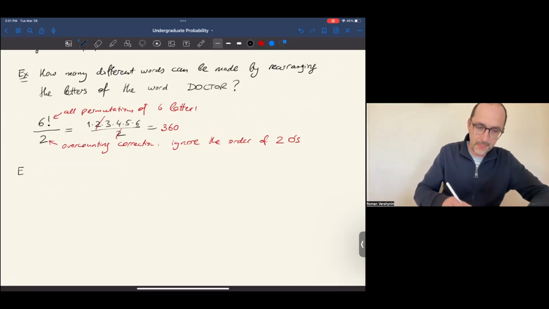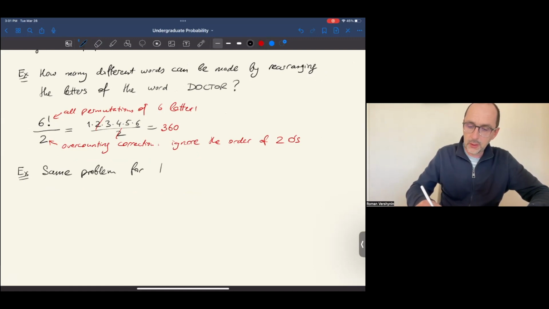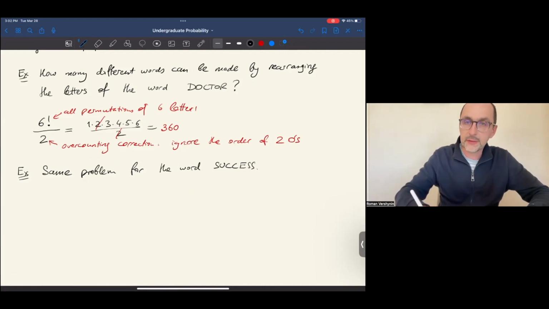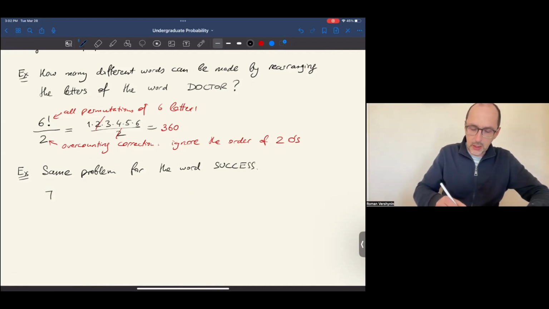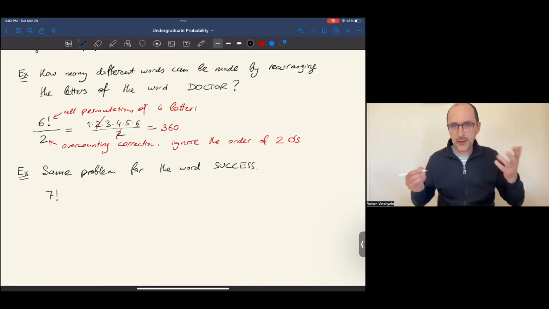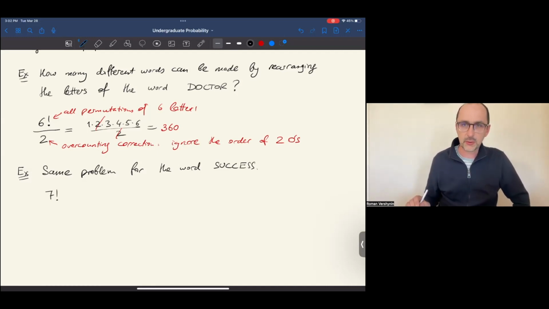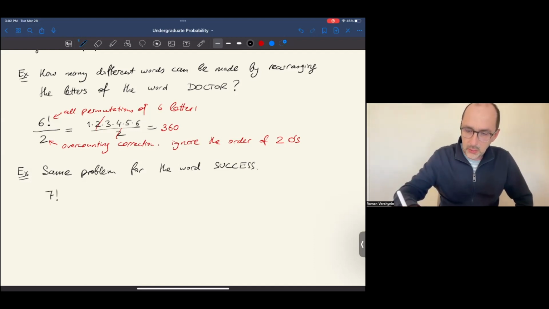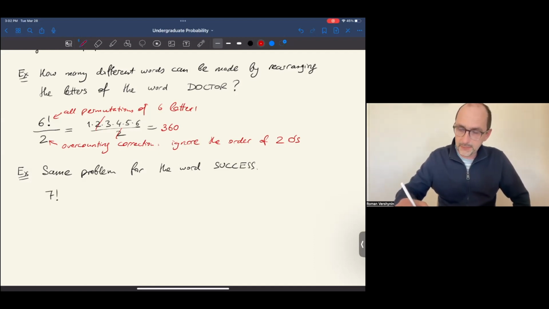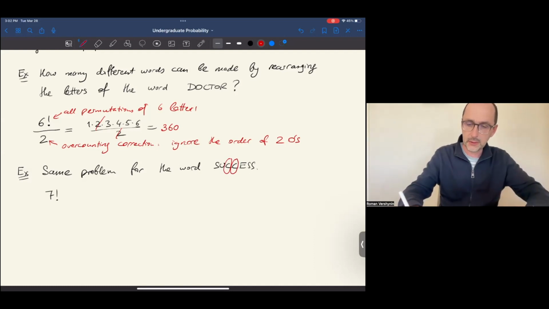Another example. Let's repeat this same problem for the word success. There are 7 letters in this word. So the naive answer to this problem would be 7 factorial. However, as before, we have two repeated letters C here.